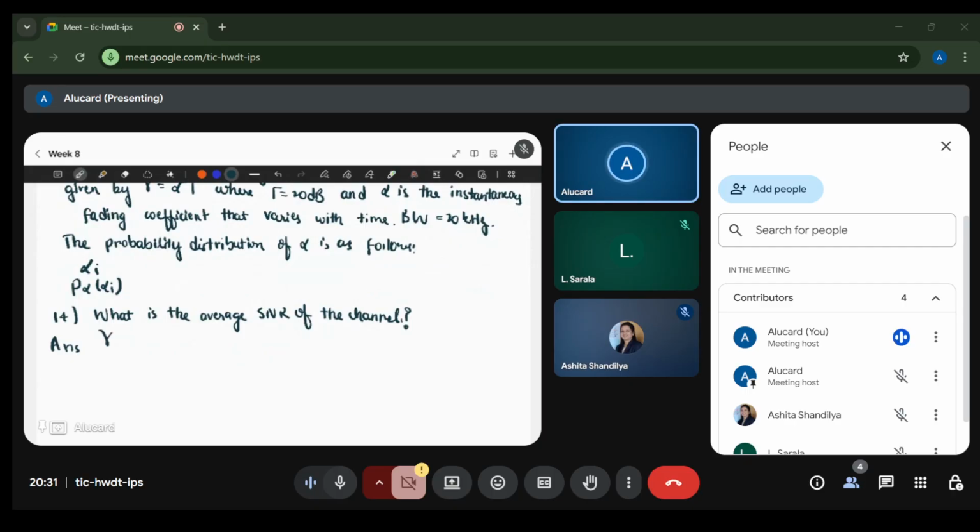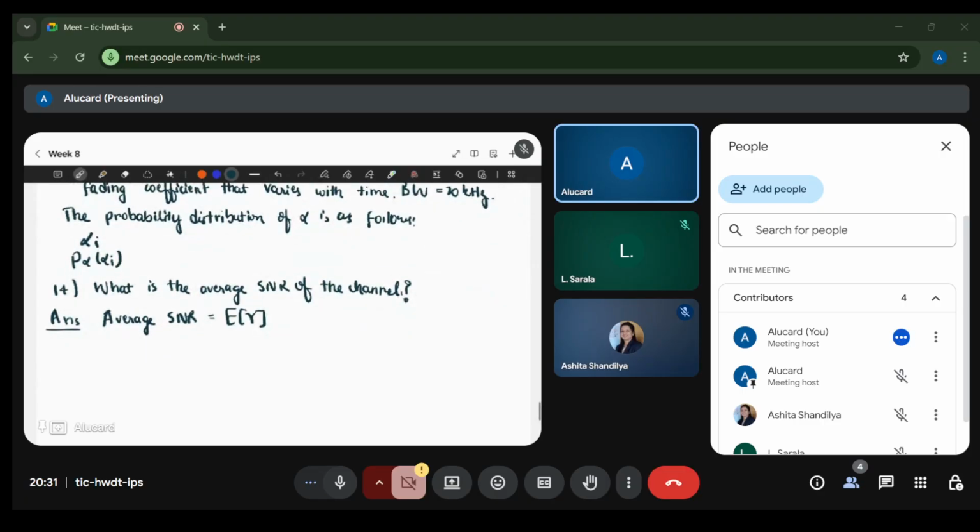Instantaneous SNR is gamma. Average SNR is the expected value of gamma. Now gamma has only four possible values with non-zero probability.